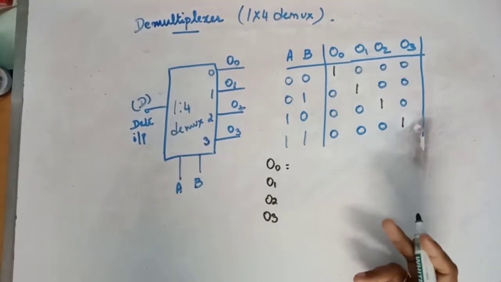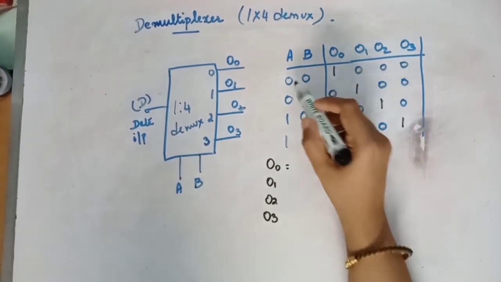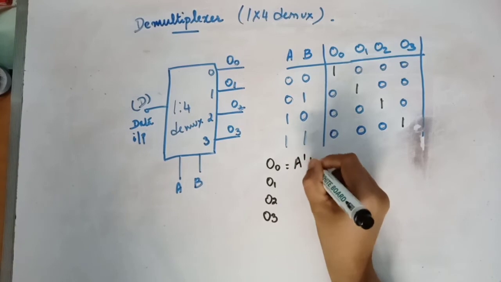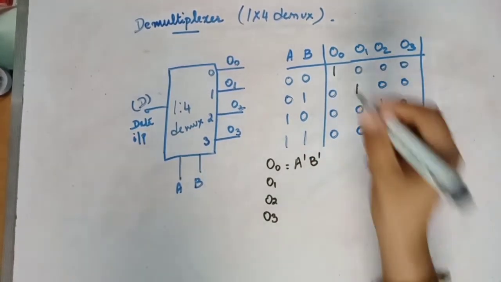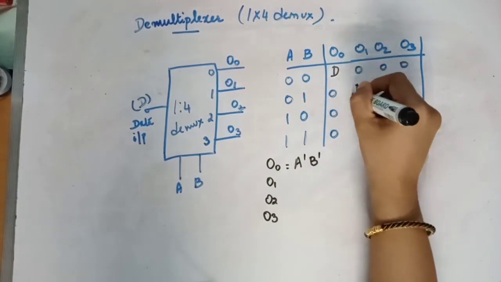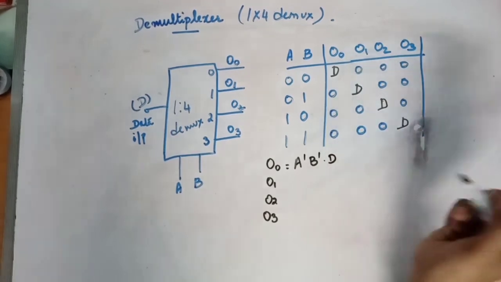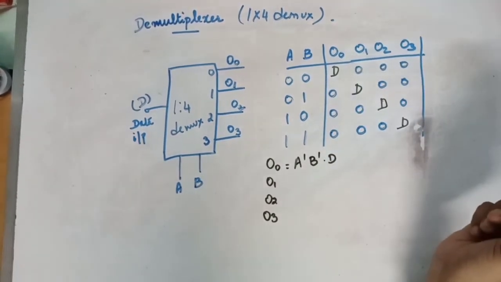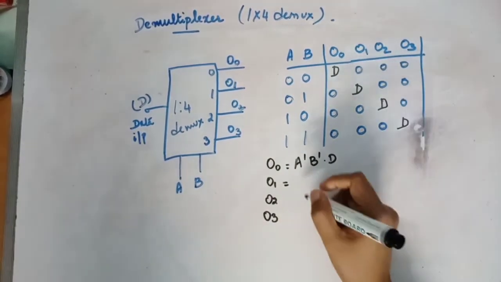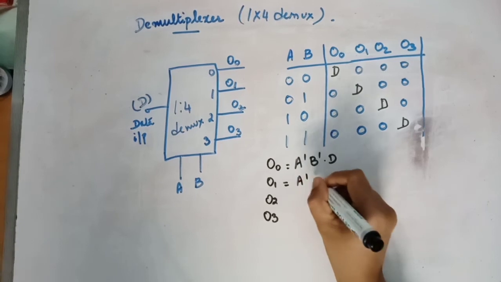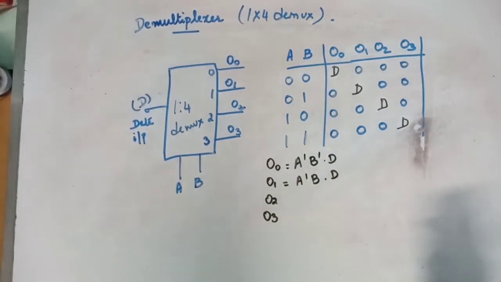That is, if a 1 comes up, how do you get it? So O0 is 1 when A is 0 and B is 0, or you can say A bar, B bar, D. That D is the data. And O1, we get O1 if A is 0, B is 1 and whatever is in D will come.